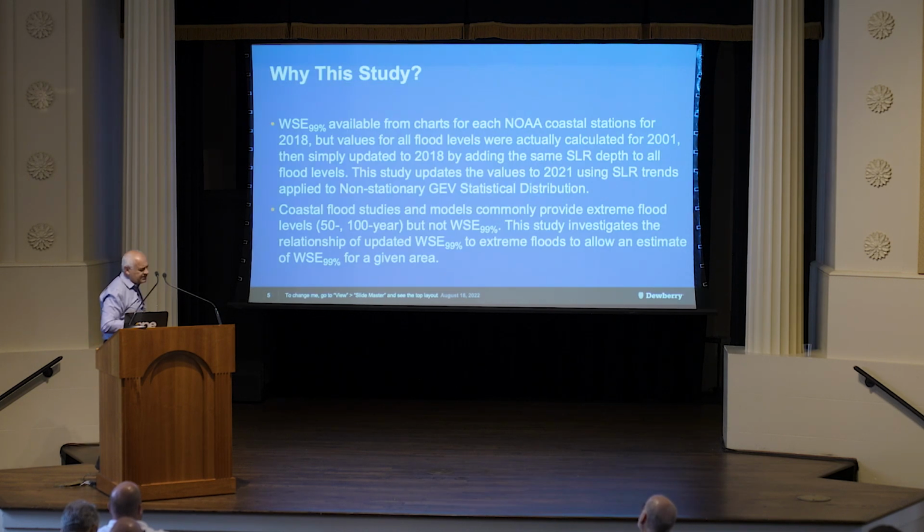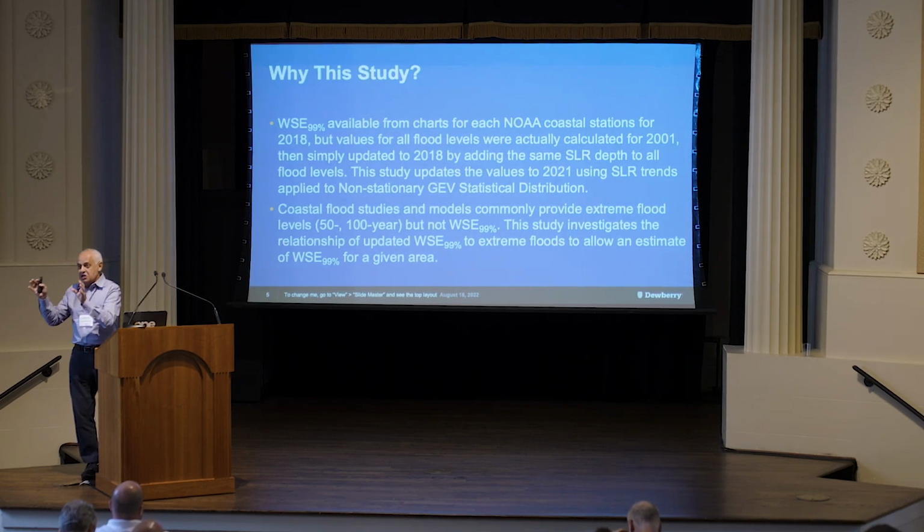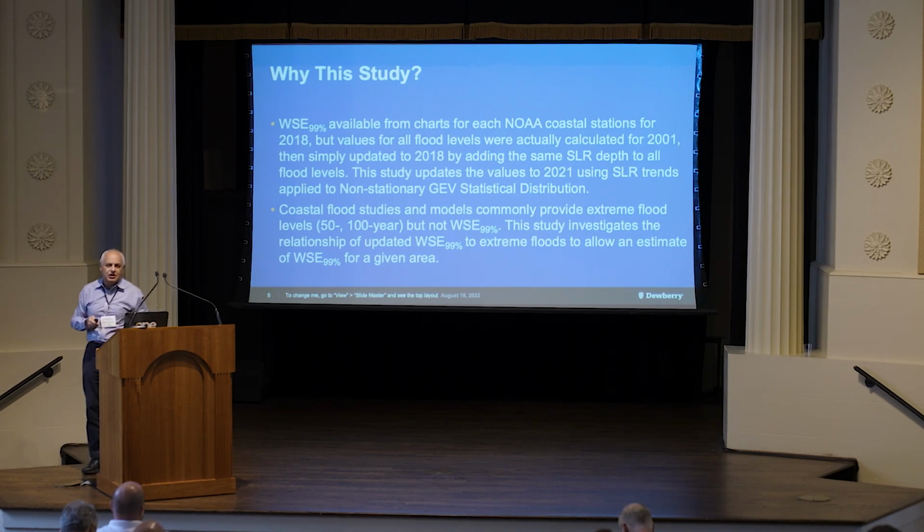So why this study? We know that NOAA provides the water surface elevation for the 1-year event at many of their co-op coastal stations. The problem is that their values are limited only to the NOAA coastal station locations. Also, their values are sort of outdated.